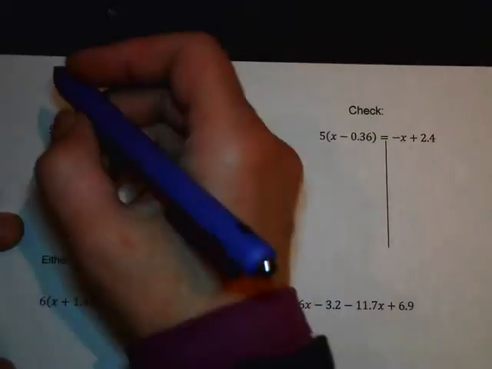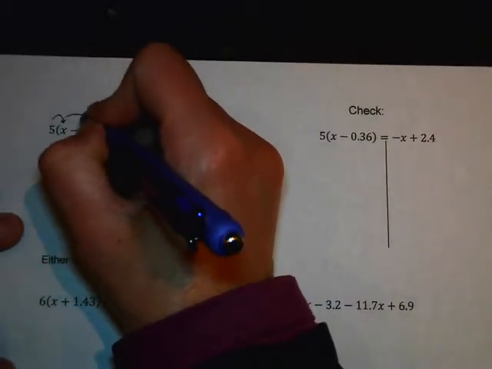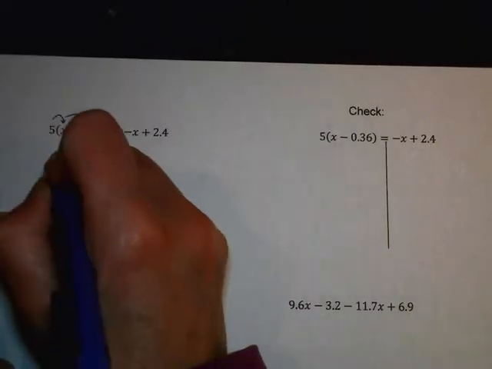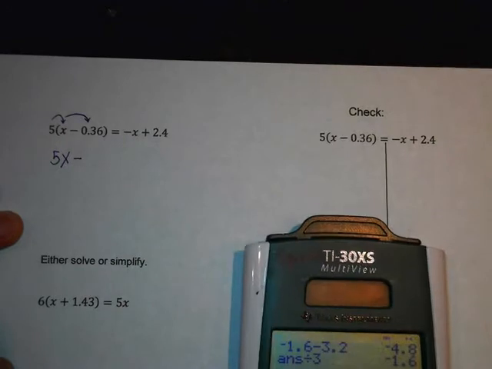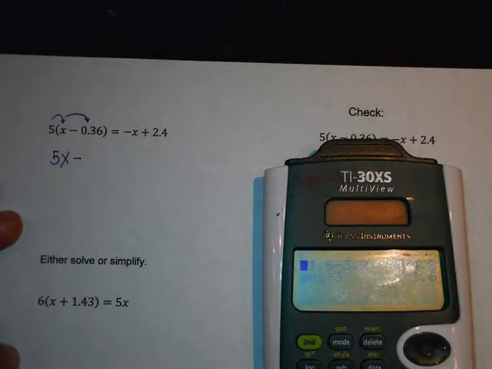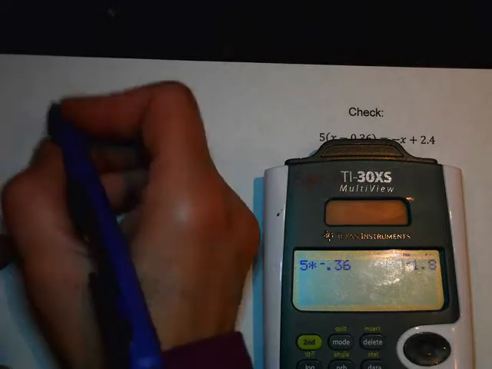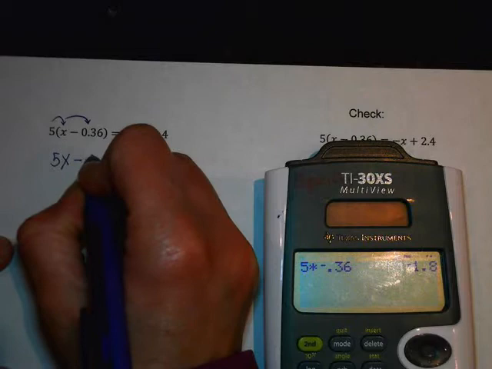So let's get rid of our parentheses and we'll distribute through. That's always the first step. Okay, I'm going to pull out my calculator, and 5 times -0.36. So I'll have minus 1.8.